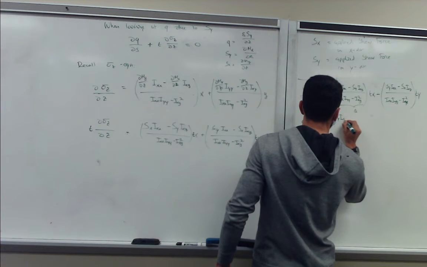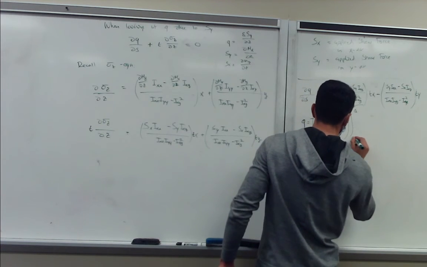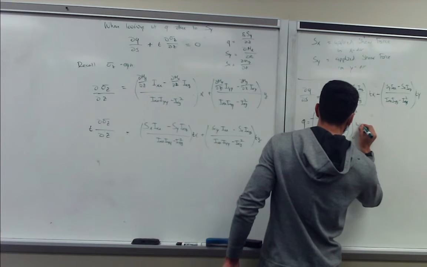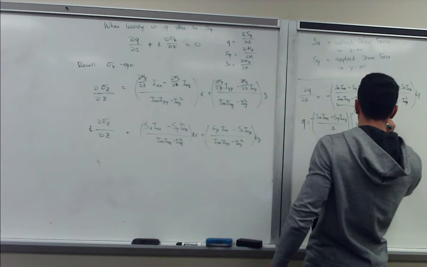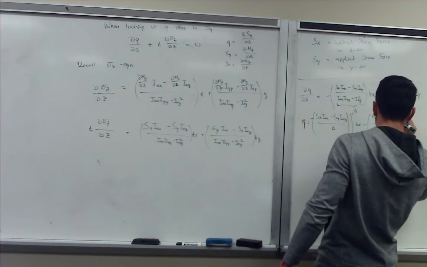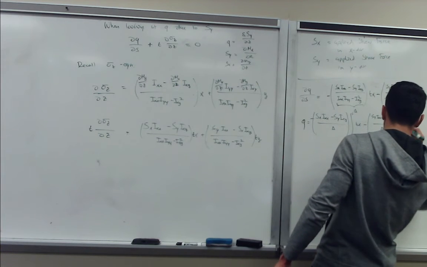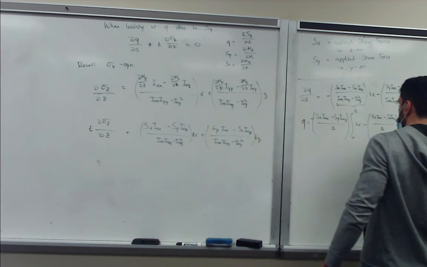So over delta, and then it becomes the integral from 0 to s of tx, minus Sy Ixx minus Sx Ixy over delta, the integral from 0 to s of ty ds.